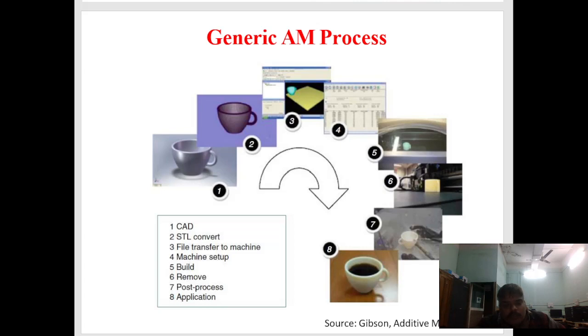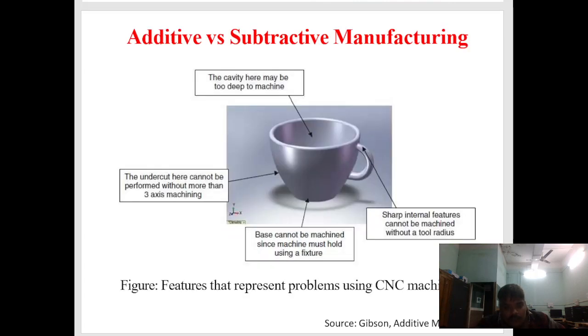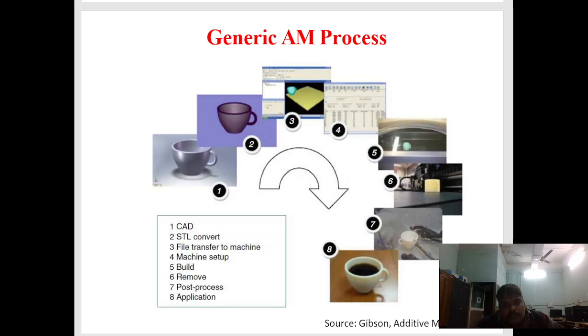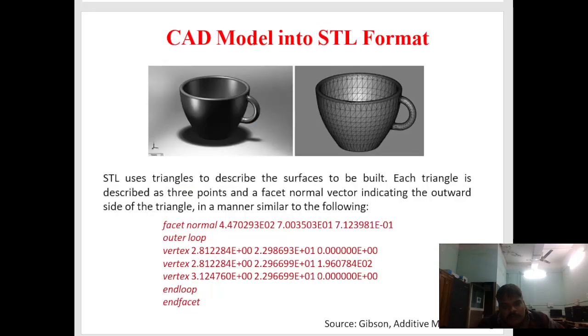In the last slide, you have seen the problems during CNC machining. In this, the steps: what are the steps in the additive manufacturing process? CAD model into STL format. How do we convert the CAD model into STL format?